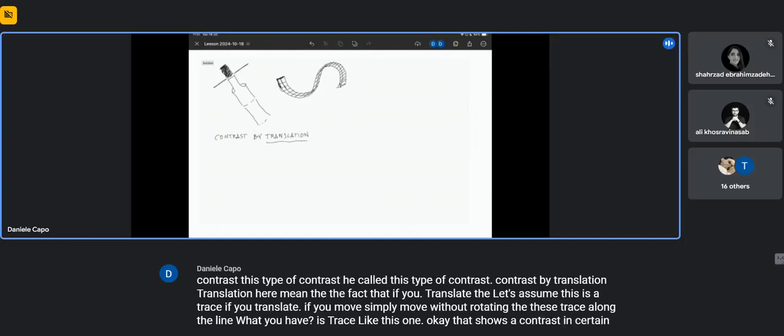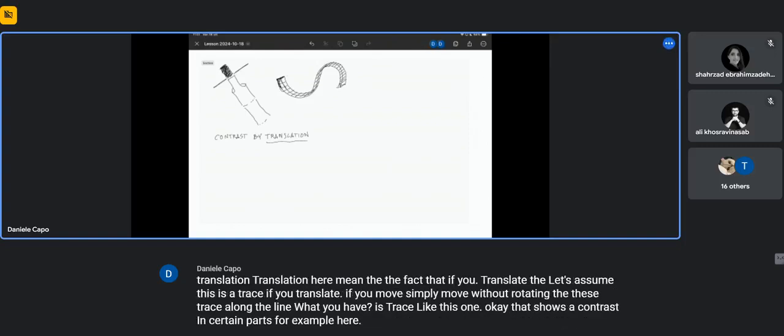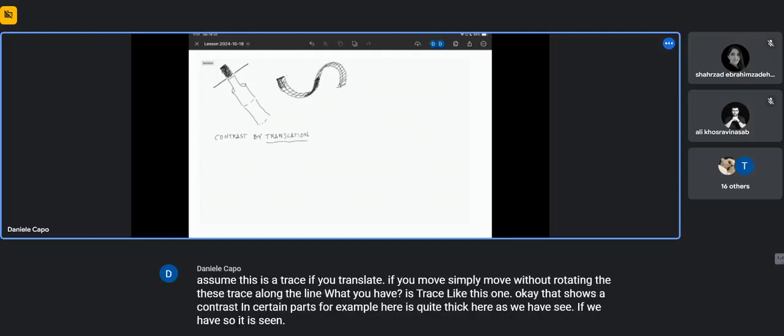In certain parts, for example, here is quite thick. Here, as we have seen, it is thin, and then it is thick again.